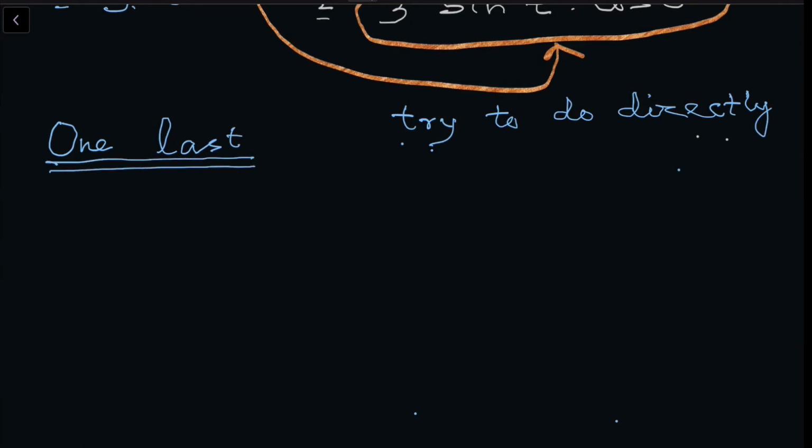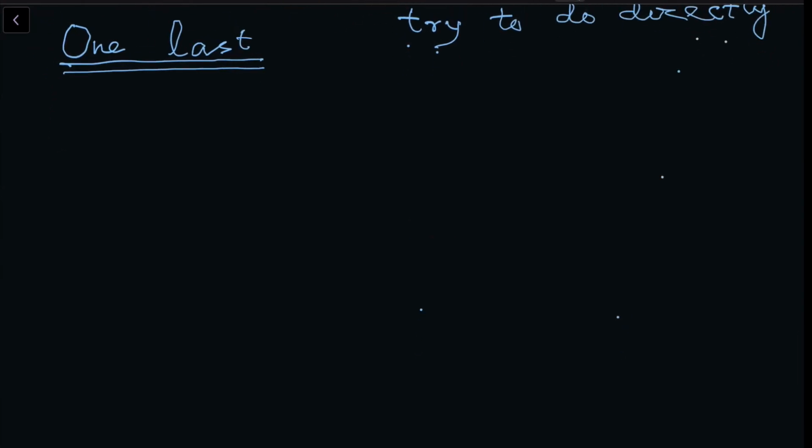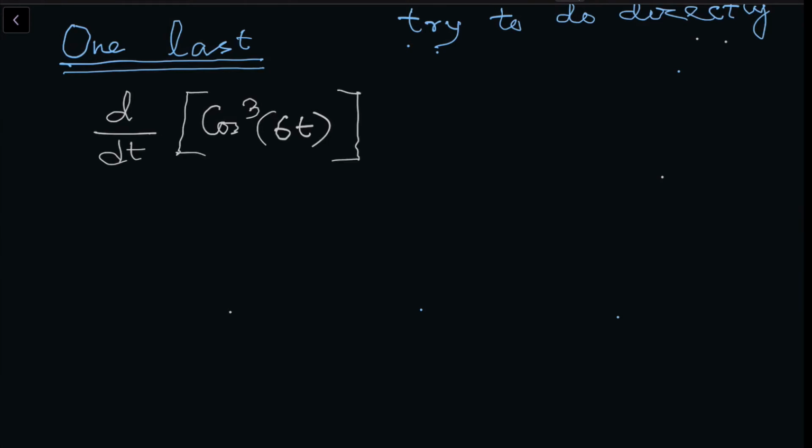And let's do one last. Okay. So d by dt of cos cube 6t. Now see this, what happens. How much? You can pause the video and do it by yourself. Otherwise, see this.